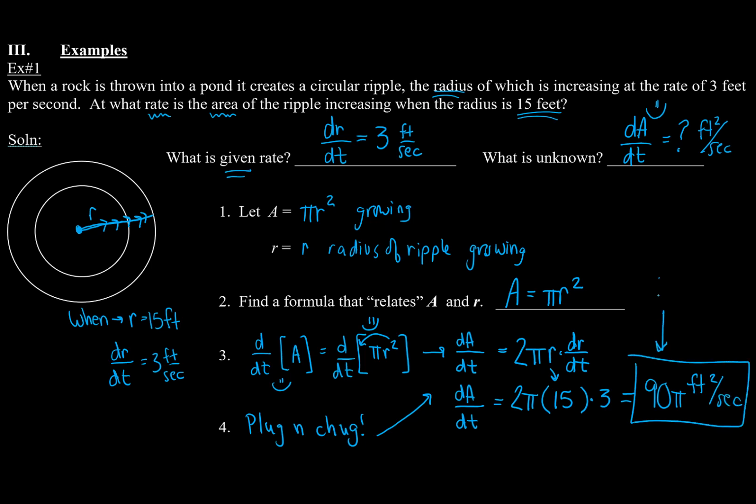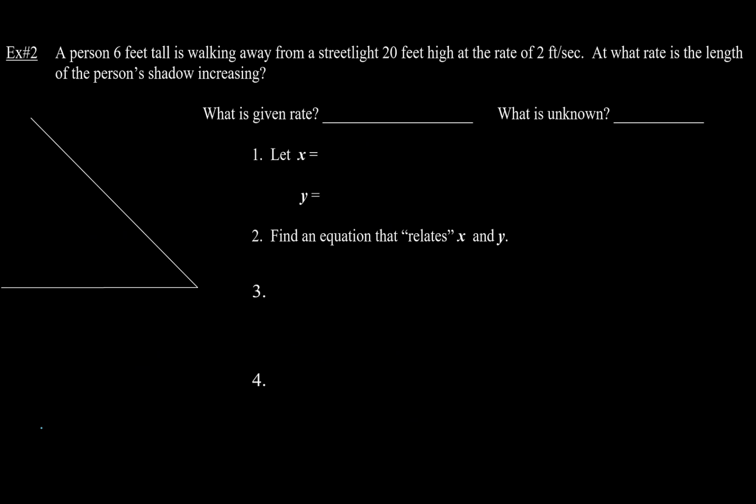And notice, that's a positive rate, which makes sense because the ripple is growing as time goes on. All right, good job. All right, let's look at the next example.